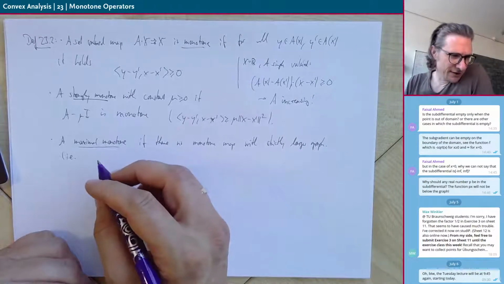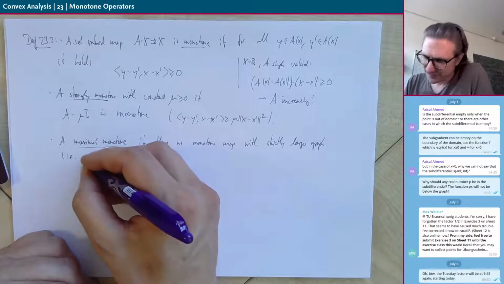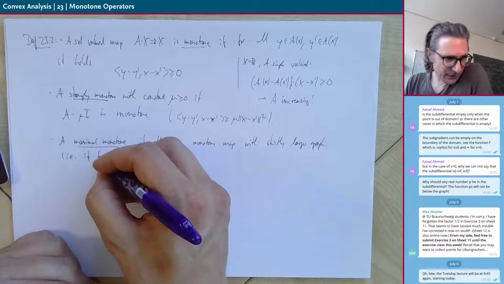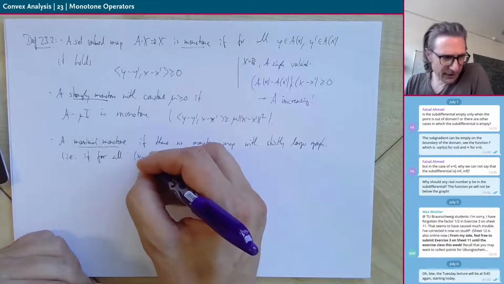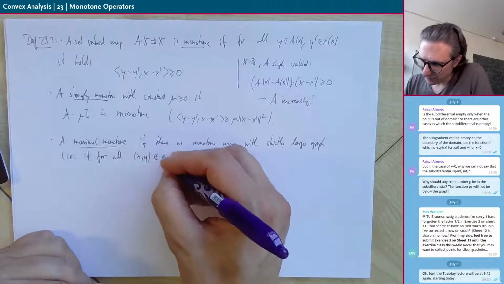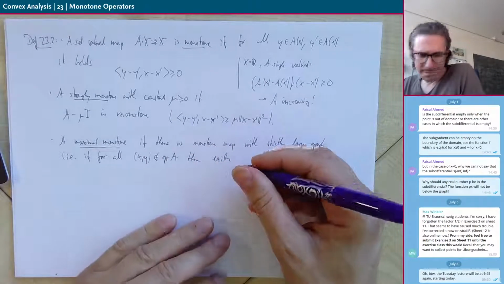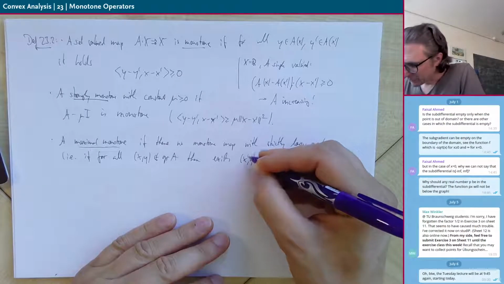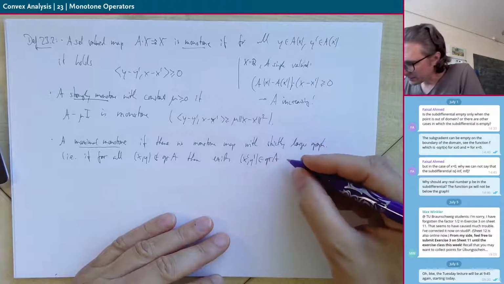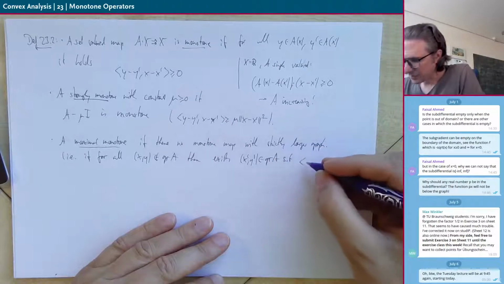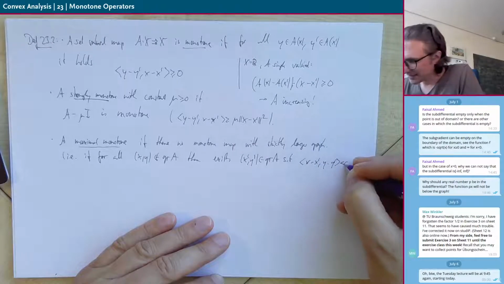We can say it this way: for all x and y which are not in the graph, there exist x prime and y prime in the graph of A such that this inner product x minus x prime, y minus y prime is actually negative.